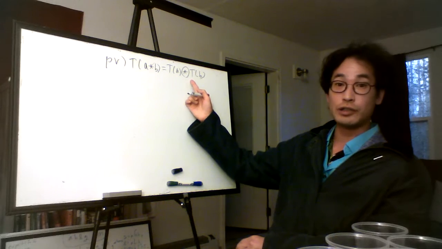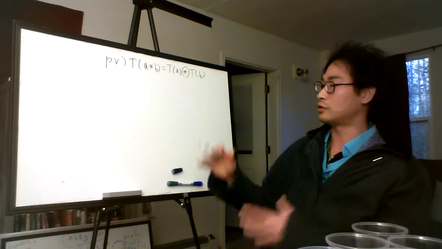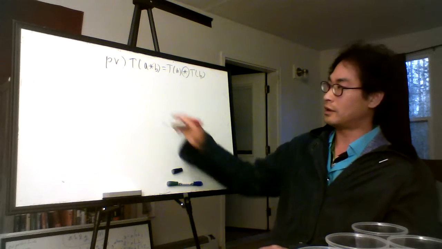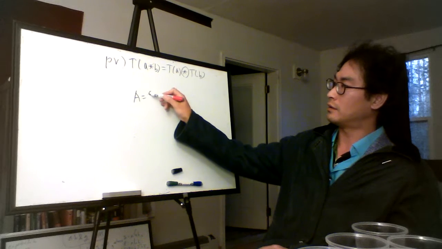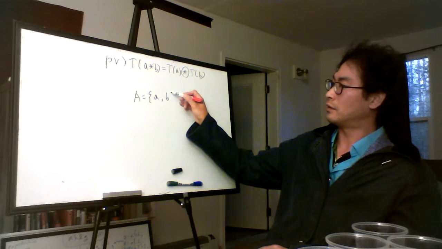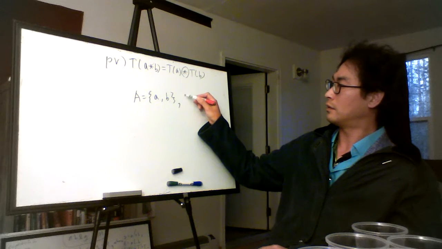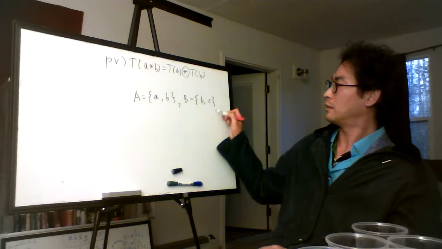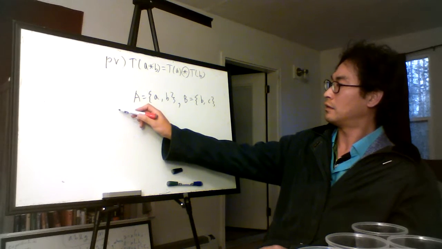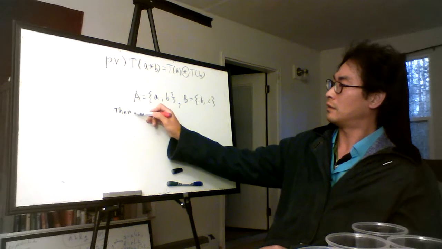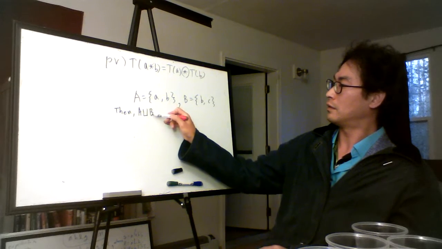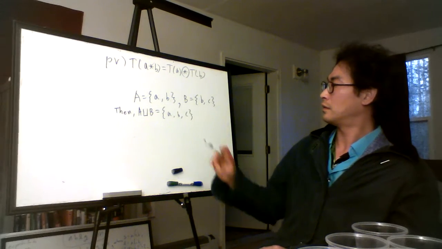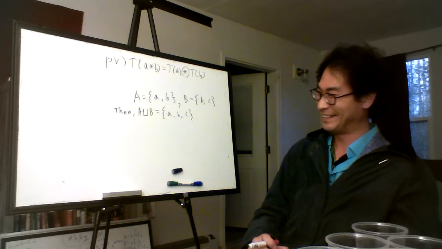It's a strict union. Strict union. Okay, you just combine everything. Because in set theory, let's say you have set A. Right?